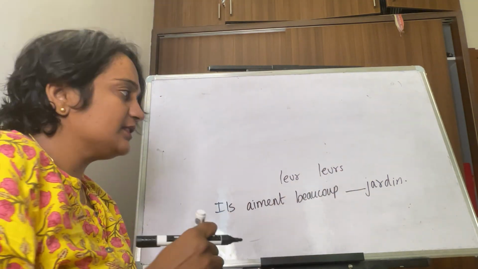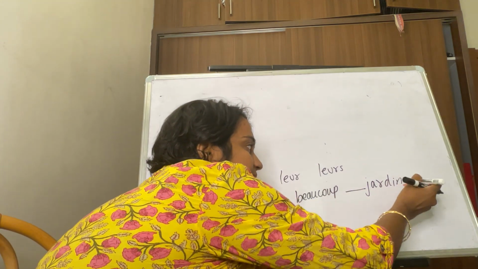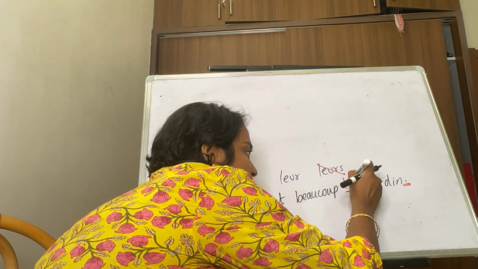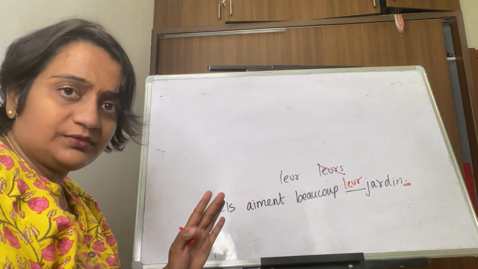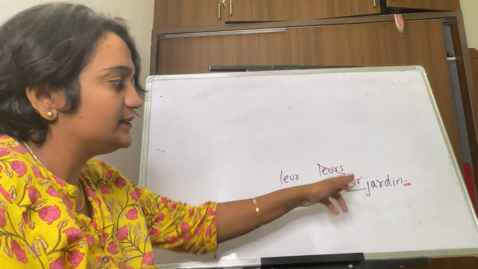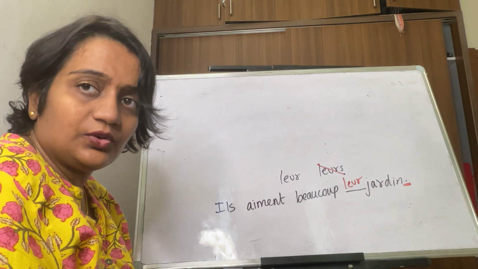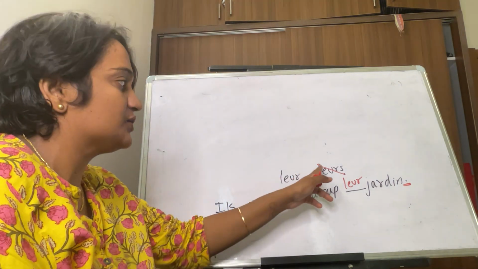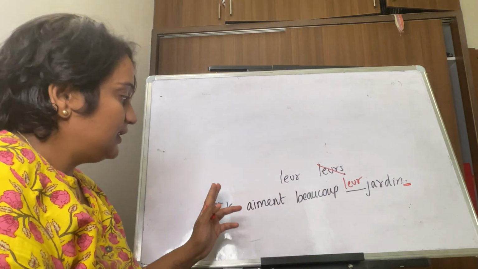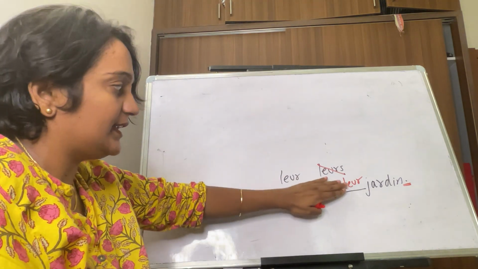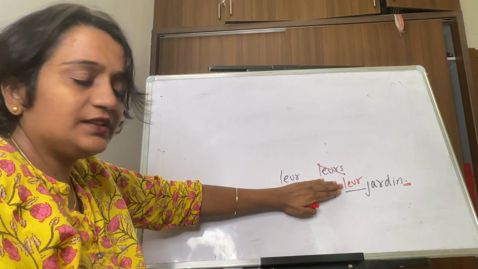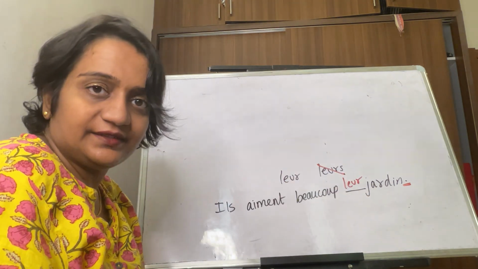Which one will it be? Jardin is not ending in S or X, so it is leur. So you see, ils can be plural, no problem. That does not make it always leurs. Don't assume that, oh, it's plural here, so it has to be leurs. No. It's plural here, so go to that row, pick up your options, write it down, then erase the rest of the sentence. See which two will agree and then put that in.